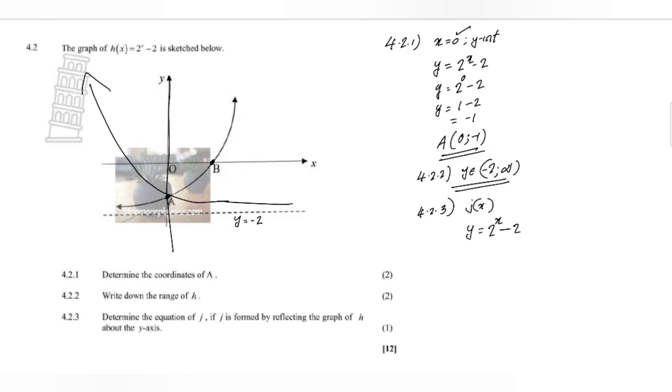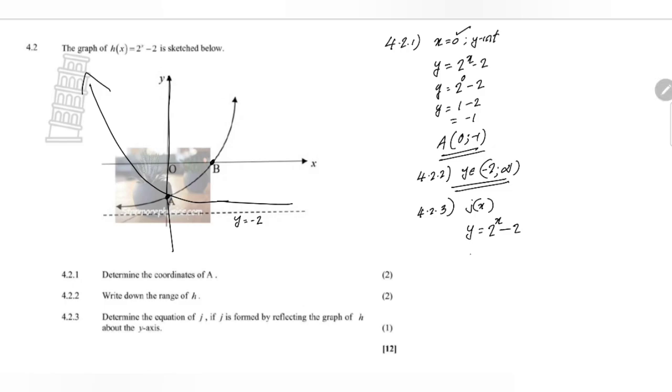What is that axis? The y-axis. So what changes? If it is the y-axis, you have to change the sign of x. If it is the x-axis, you have to change the sign of y. That's how the method is. Since here the reflection is about the y-axis, you have to change the sign of x, the other variable. Don't forget.